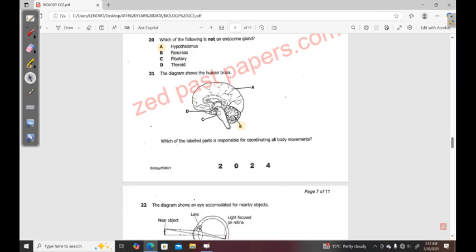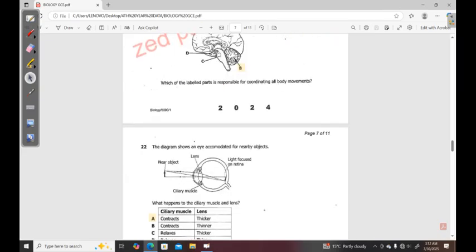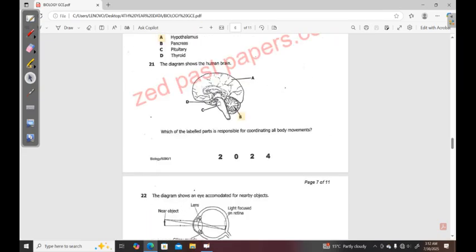21. The diagram shows the human brain. Which of the labeled parts is responsible for coordinating all body movements? Okay, so you have your pituitary over there, you have your midbrain labeled at C, you have your cerebellum, which is responsible for balance.